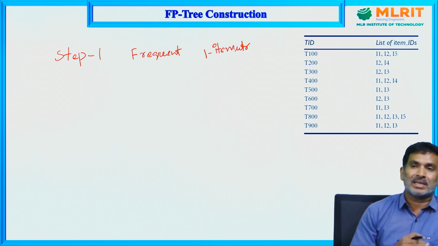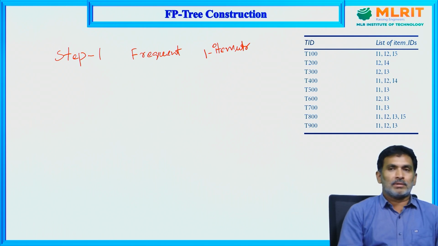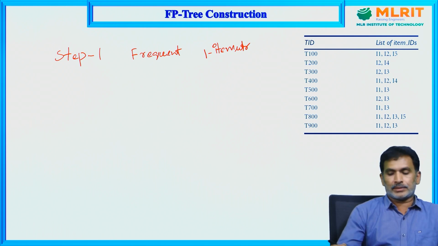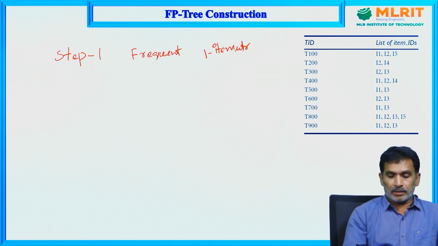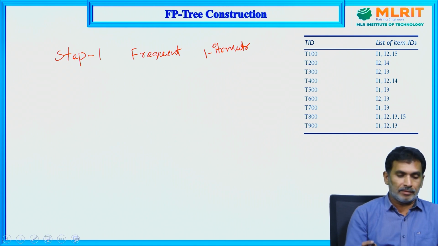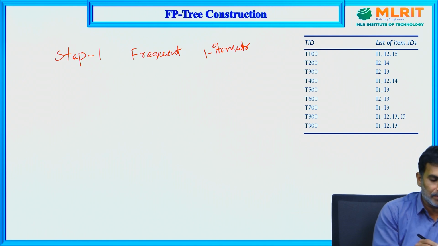That is the same as Apriori: we scan the entire database at the beginning and find the frequency of each item. How many items are in this transactional database? There are 5 items: I1, I2, I3, I4, I5. Let us find the frequency of each item.